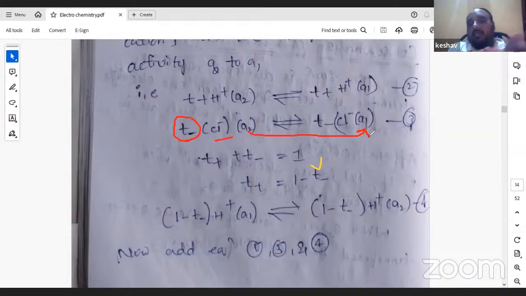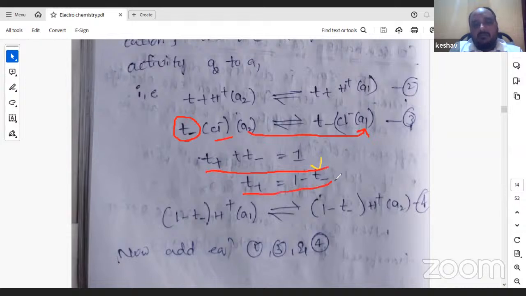For example, 10 H+ ions are transferred, its transport number is T+. 10 Cl- ions are transferred, its transport number is T-. T- means negative ion transport number. T+ is the positive ion transport number. The sum of these two transport numbers must be equal to 1. That is T+ + T- = 1.